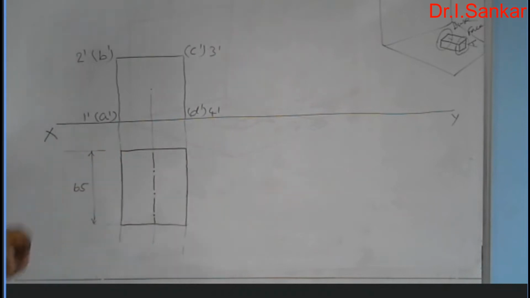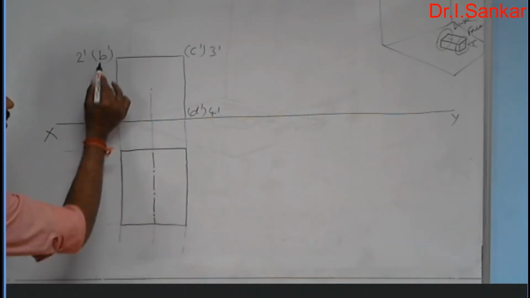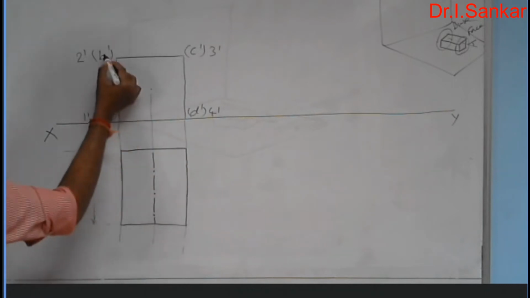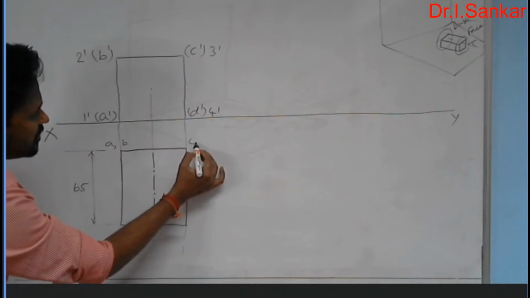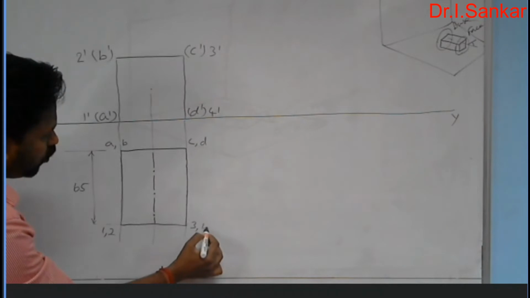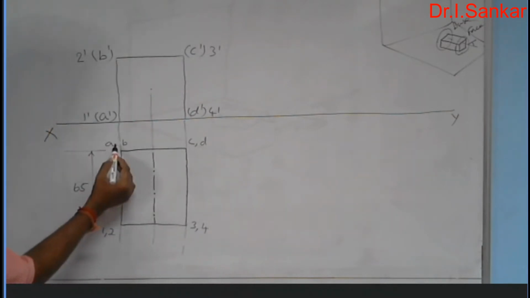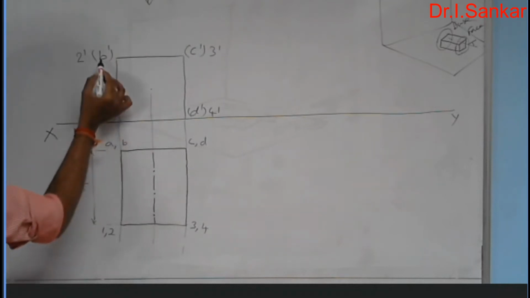Immediately you have to name the corners. The corners nearer to XY are nothing but the base corners. B dash, A dash. So here A and B. There C, D. Here 1, 2. There 3, 4. Out of A, B, when you look from the top, B is visible to you.